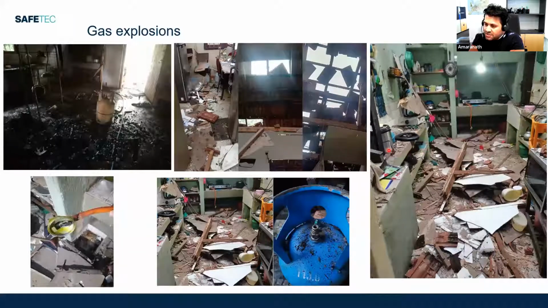So this was a very sad story, and they haven't focused on this at all. The companies haven't done anything, and they just pass the ball, saying that the gas explosions are not from the tank itself, but from the regulators and the valves.